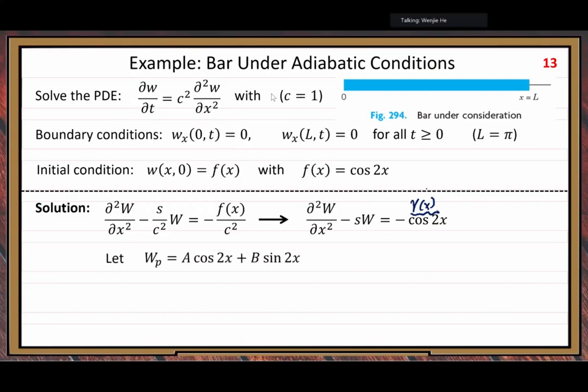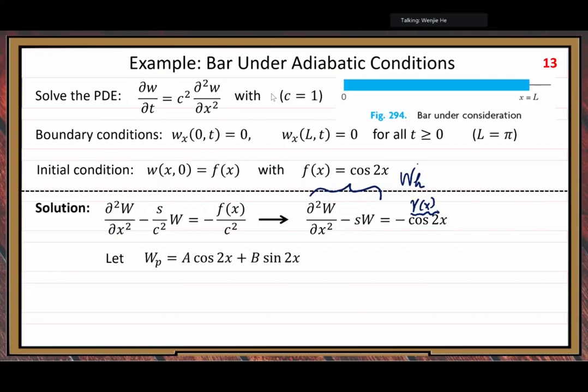So we can write W_P, the particular solution. Since it is non-homogeneous, we need to find a particular solution. For W_H, the homogeneous part, we can use the left-hand side of this equation and write it easily.